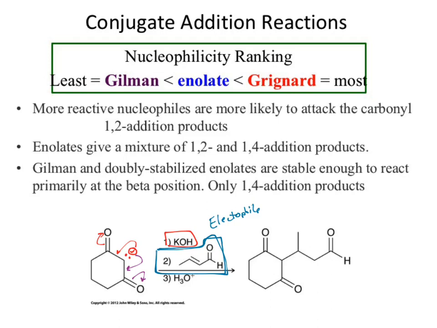By being doubly resonance stabilized, I have now weakened the negative, making it more like which of our G's? The Gilman is less negative, the Grignard is more negative. That double resonance stabilizes it. They literally give both products, both the 1,2 and the 1,4. It's a mess of products, we don't want to deal with it.